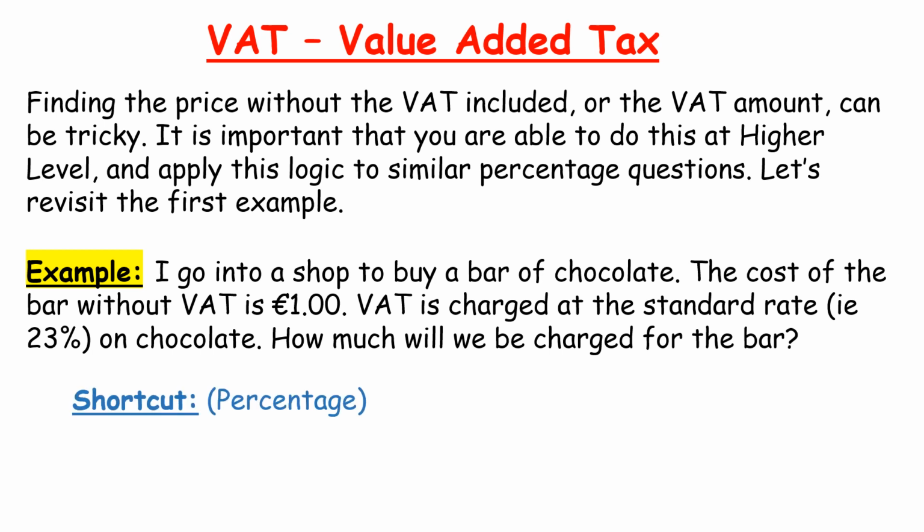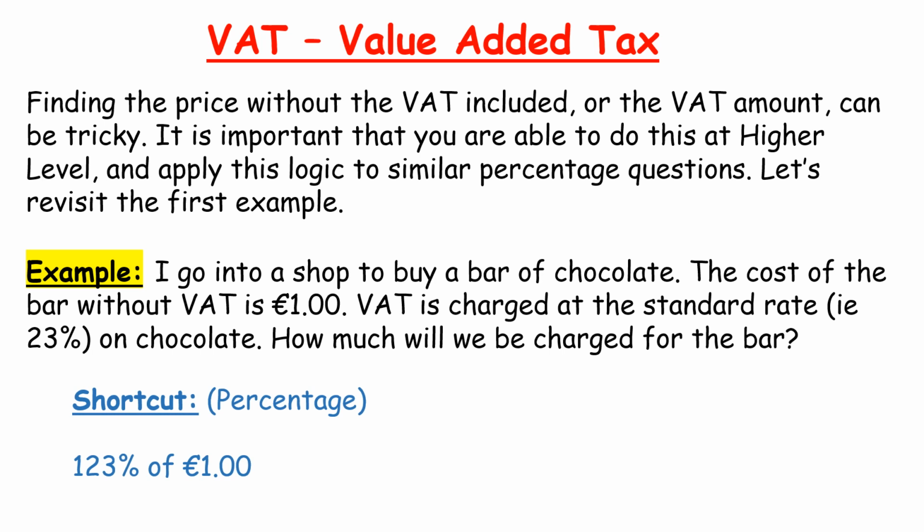So what I'm going to say is, well, I want the price with the VAT included. So I want the 100% plus the 23%. I want 123%. So I'm going to go straight to finding 123% of €1. If you think back to how we approached this example earlier in the video, we found 23% and then added it on.